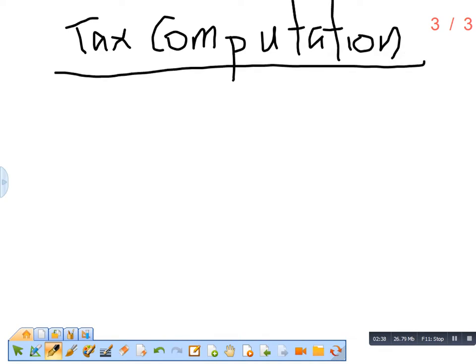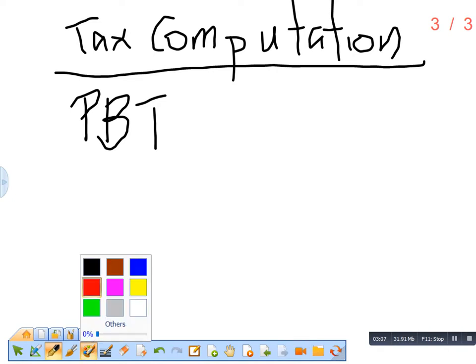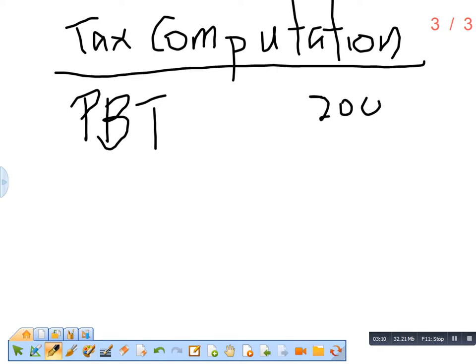So the chargeable income, you can start either from gross income or from what? Profit before tax. Yes, usually we will start from profit before tax. Now let's say my net profit includes everything already. My net profit is, let's say, 200,000. So now class, in our computation we will start from this figure, 200,000 profit before tax.